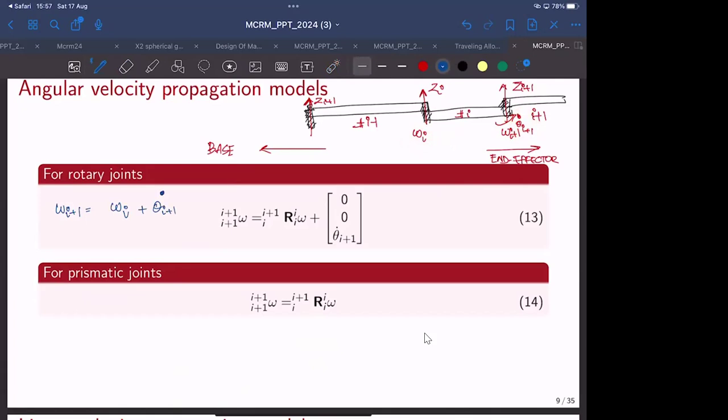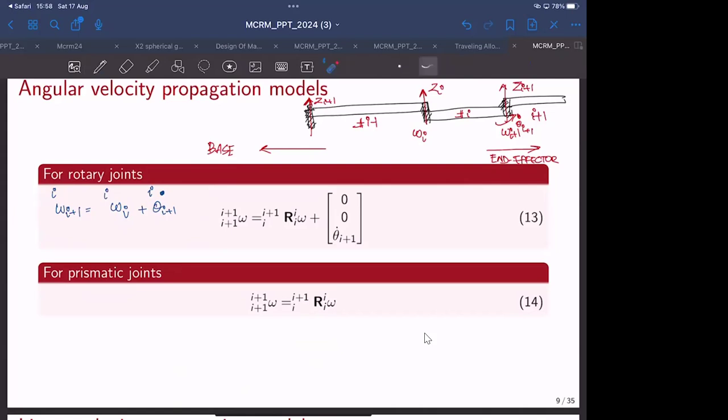Right? And the way that we would write it is we have to represent everything with respect to one frame of reference. So if you represent omega I with respect to the ith frame and theta I also with respect to the ith frame, omega I plus 1 will also be with respect to the ith frame.